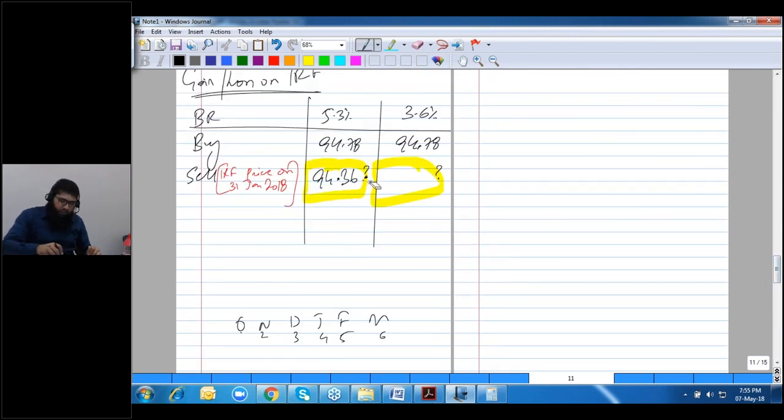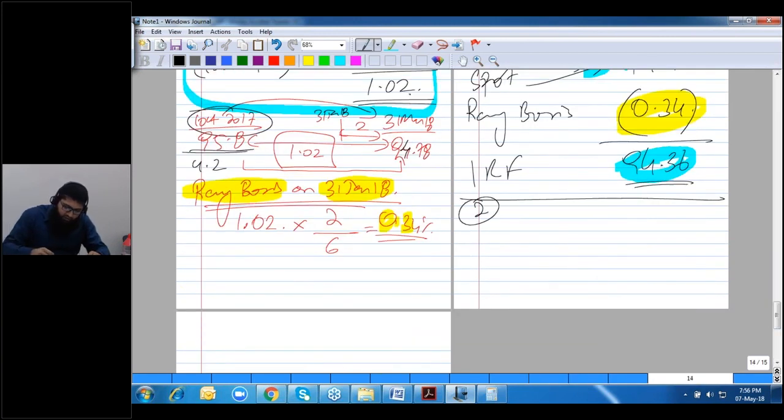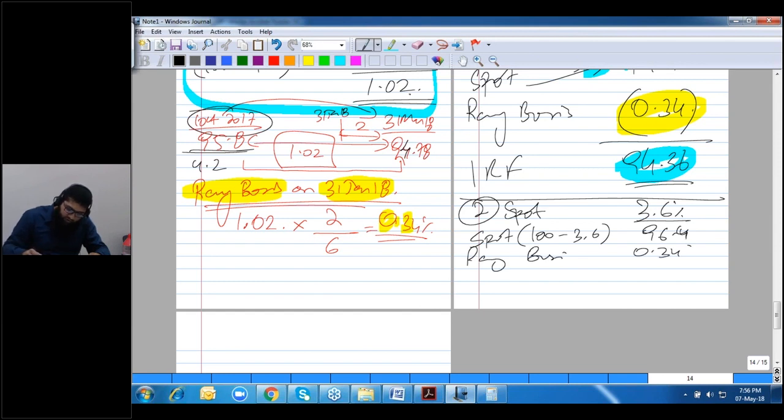Similarly, the second scenario is if the base rate is 3.6. This is expressed in IRF terms. So the spot in IRF terms is going to be 100 minus 3.6, which is 96.4. You have the remaining basis, which is 0.34.